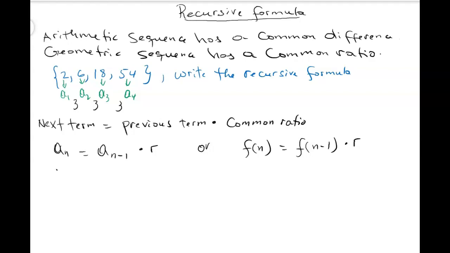Okay, so now let's see how we can write the recursive formula for this sequence right here. We already know the first term is 2 and the second term is 6 and our common ratio is 3.